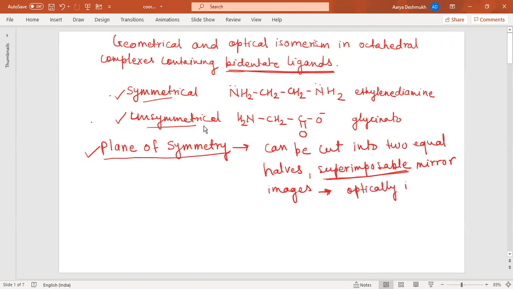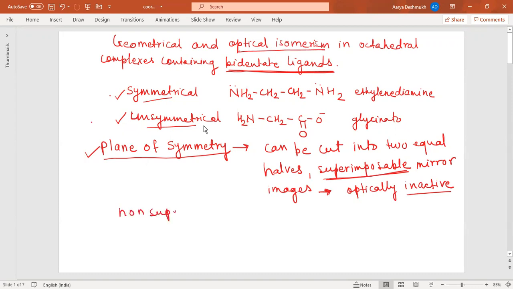It will not rotate the plane polarized light either to the left or to the right. If the molecule has to show optical isomerism, it should have non-superimposable mirror images.